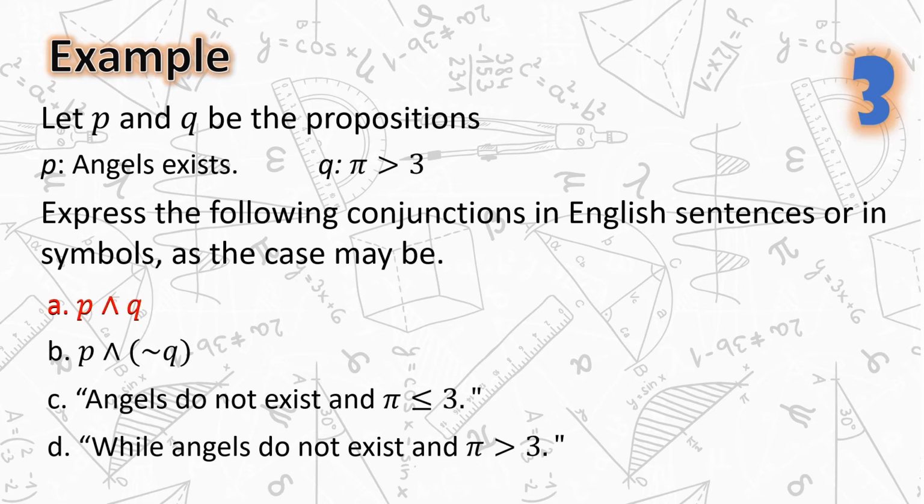Let's start with letter A. P and Q therefore would be the proposition angels exist and pi is greater than 3.